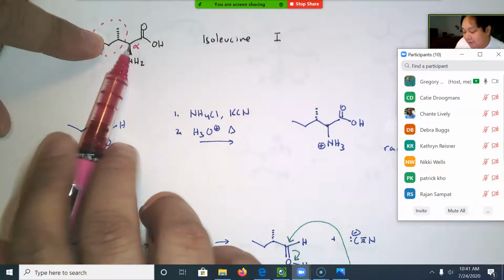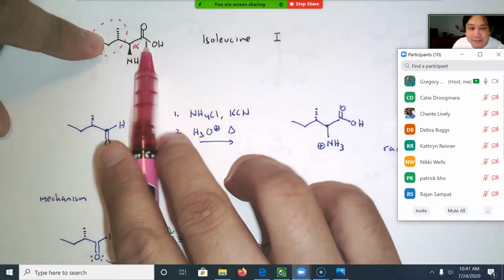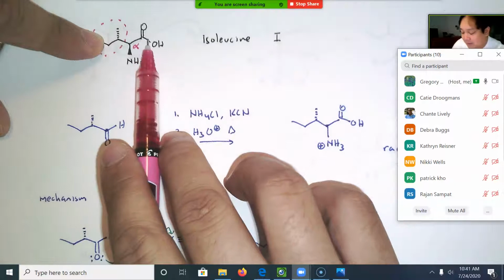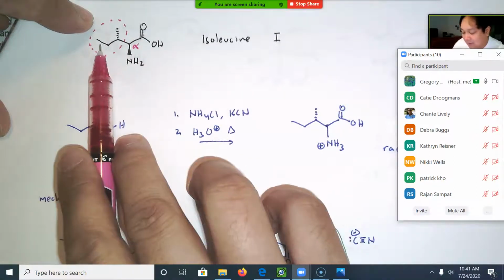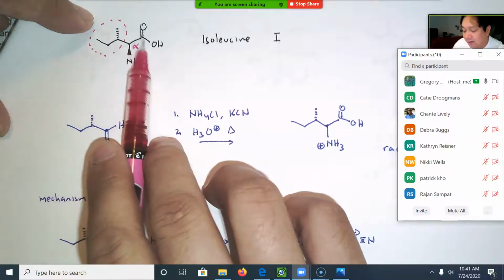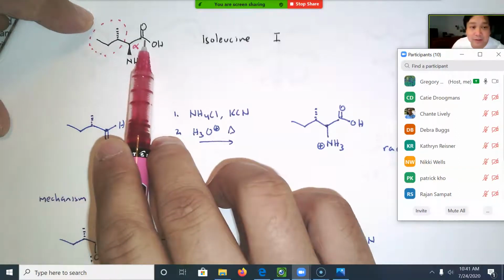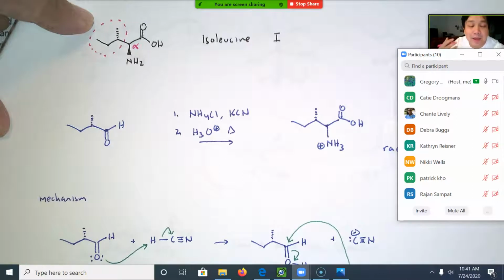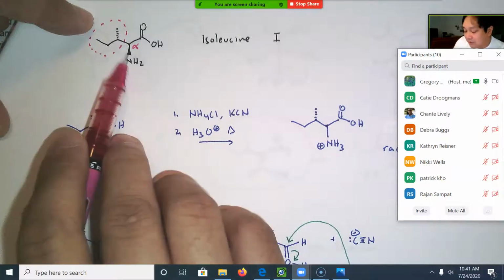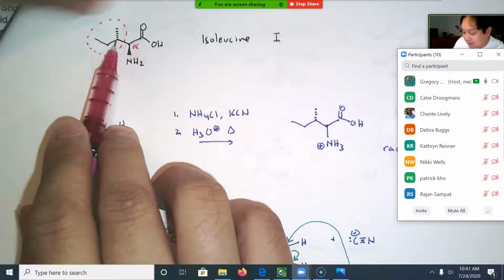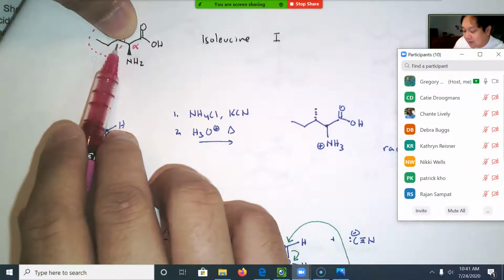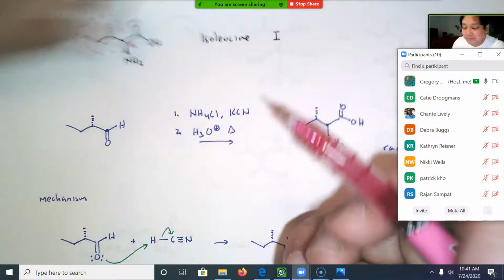How do I know this is the alpha? You're using the carboxylic acid as your home base. Alpha, beta, gamma, delta. So this is alpha relative to the carboxyl group. If you want to make a beta amino acid, just shift this to the beta carbon. Okay, get rid of this. Okay, and that's the beta amino acid.